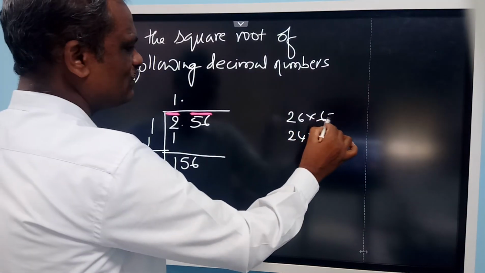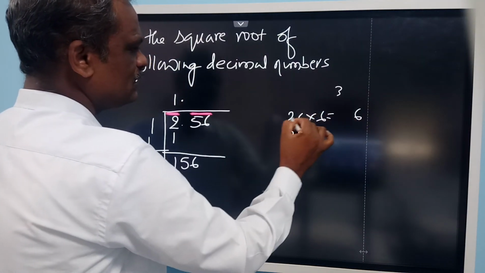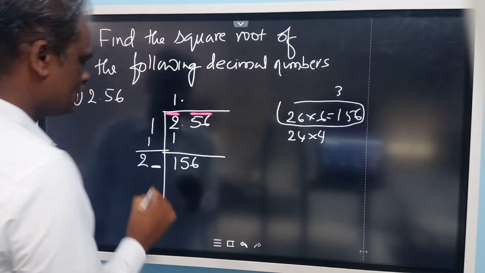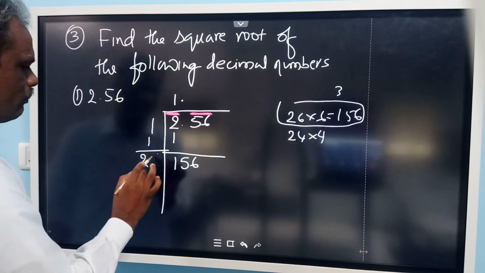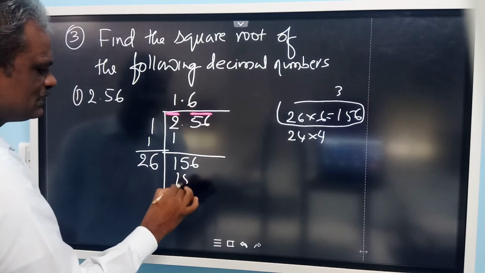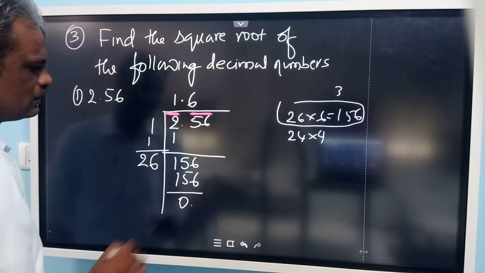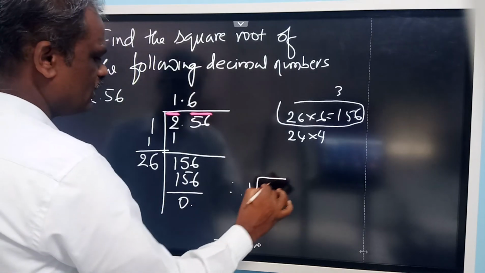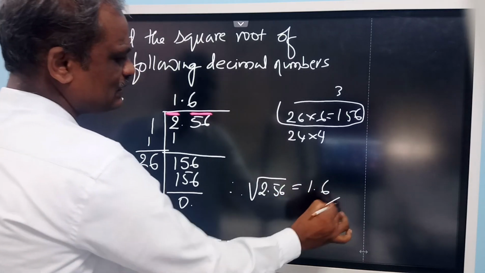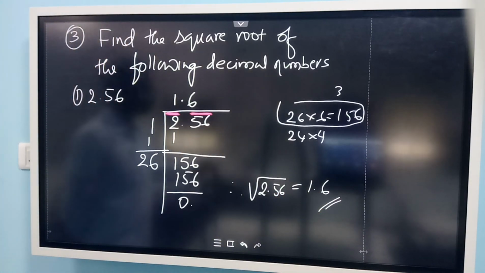If you multiply 26 by 6, 6 6s are 36, write 6, 6 2s are 12 plus 3, 15. So you will get 156 with this. So in the blank, you write 6. 26 times 6 is 156. Remainder is 0. Therefore, the square root of 2.56 is 1.6. This is how you can find the square root of the numbers.